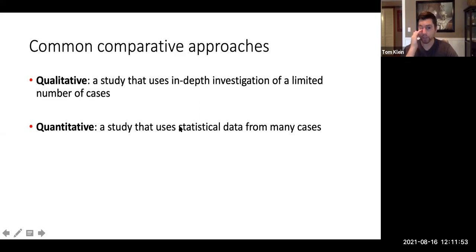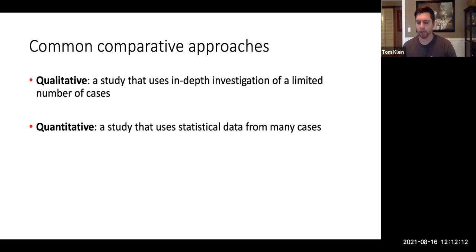So qualitative research is a study that uses in-depth investigation of a limited number of cases, okay? So qualitative research is more what's used in comparative politics. You're doing in-depth research with not a lot of cases.